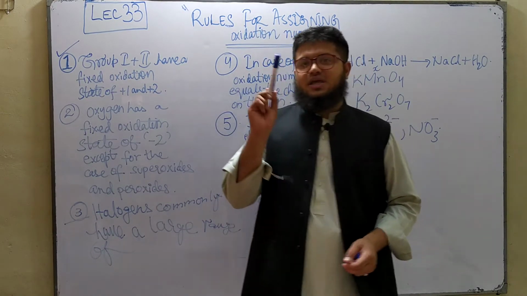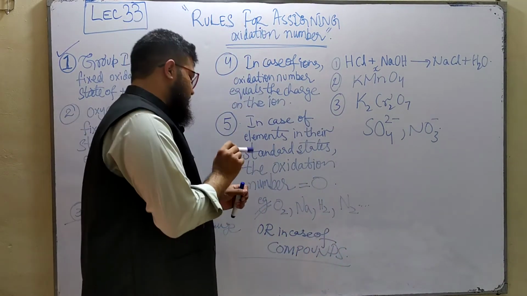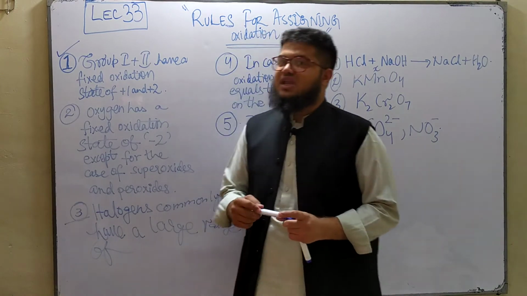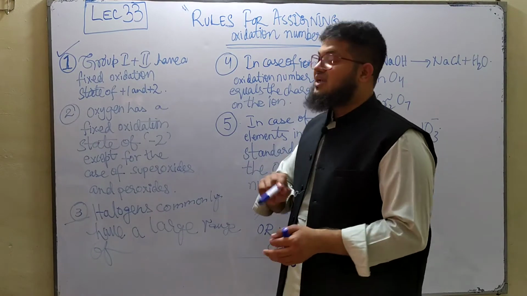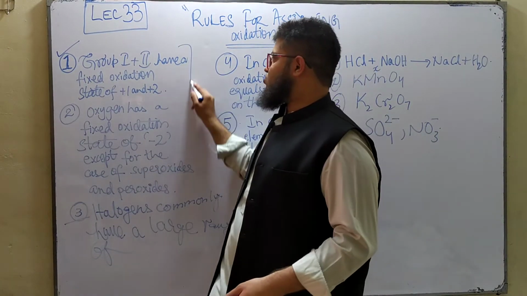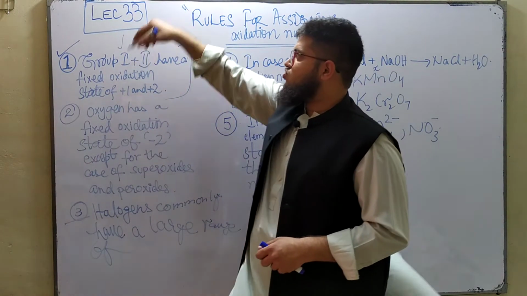So +1 is a fixed charge, it doesn't change for sodium. Similarly, magnesium, which is a group 2 metal, loses 2 electrons to gain a charge of +2. So +2 is the oxidation number of magnesium and it stays constant, it does not change to +3 or +4 or +5. So oxidation numbers of group 1 is going to be +1 and for group 2 it's going to be +2, and that's it.